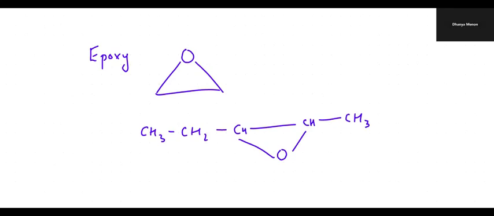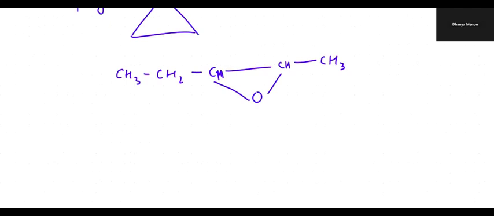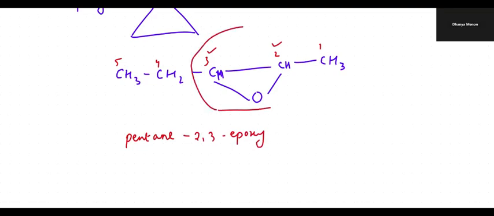So here the numbering will start from the nearest end, 1, 2, 3, 4, 5. So 5 carbon atoms, so pent, all single bonds, so pentane. At the second and the third position, I have epoxy. So this whole thing is the epoxy group. I hope I'm clear. And at what position? Second and third position. So this is how you name it, epoxy group.